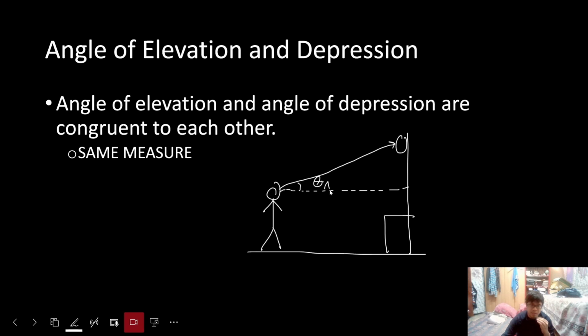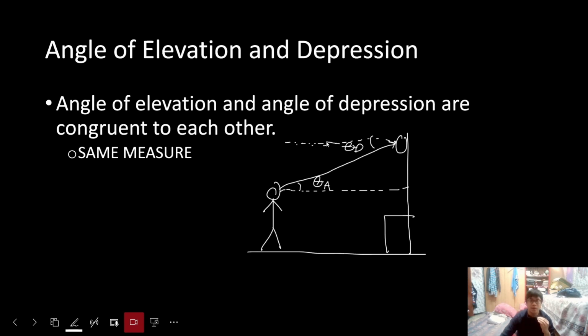It could be the tilting of your eyes or your head. Now, for the angle of depression to the clock, you can have a horizontal line here, which is parallel to your horizontal line of sight, and this would be your angle of depression.